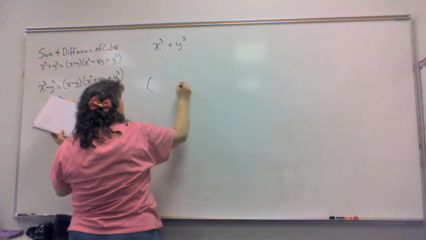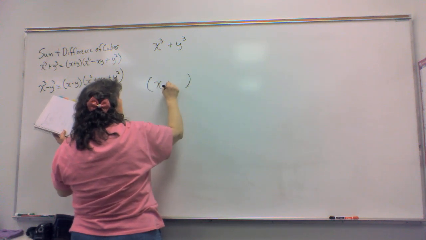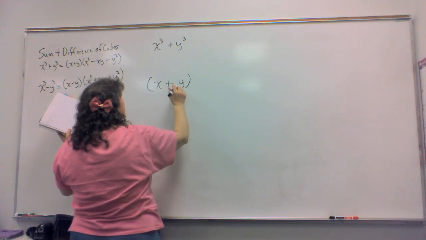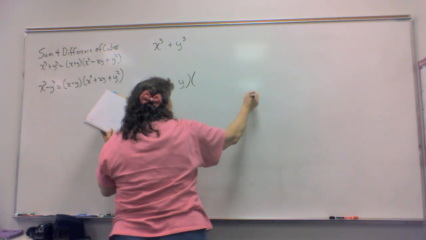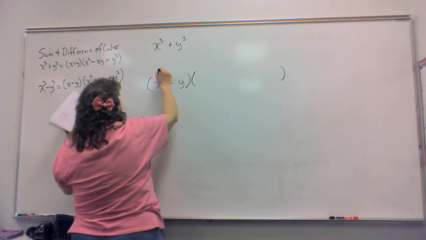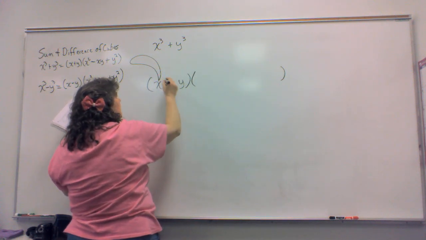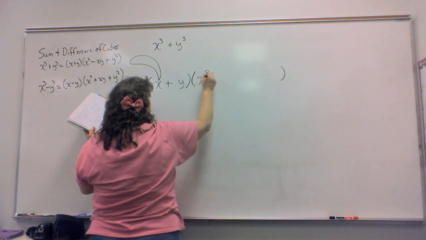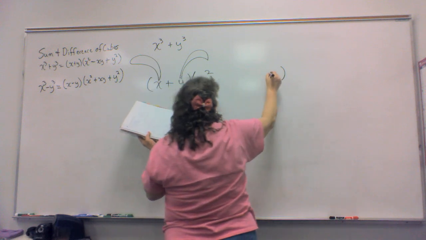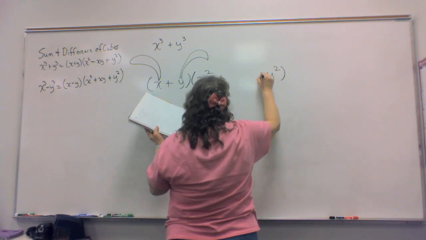Again, bring down the first, same sign, and the second. Now, to get to our next one, first rabbit ear, you go back and come in, meaning x squared. Your last one, back and in, meaning y squared, and a plus.